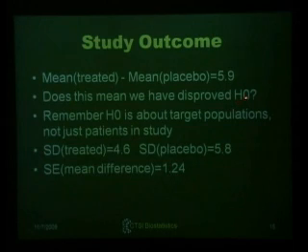Have we disproved the null hypothesis? No, because there is study-to-study variation, and we know that the standard deviation of the treated group was this, the standard deviation of the placebo group was this, and this 1.24 is the study-to-study variation in this 5.9. Is that okay? I showed you the formula, right? I just plugged these numbers into the formula to get it.